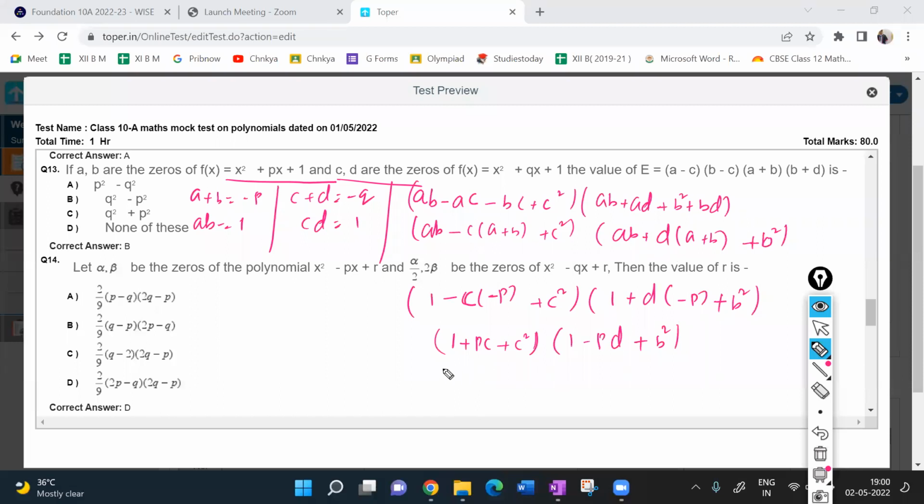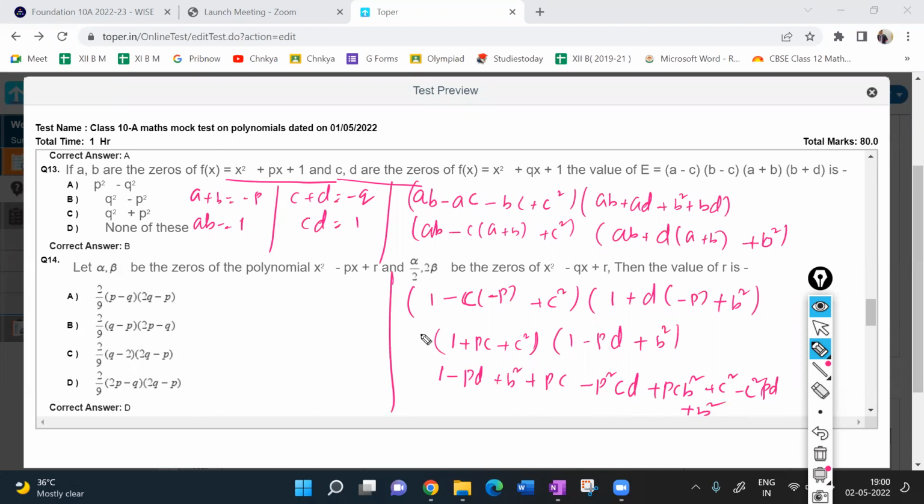Okay, let's multiply these two again. 1 minus PD plus B square plus PC minus P square CD plus PCB square plus C square minus C square PD plus B square.